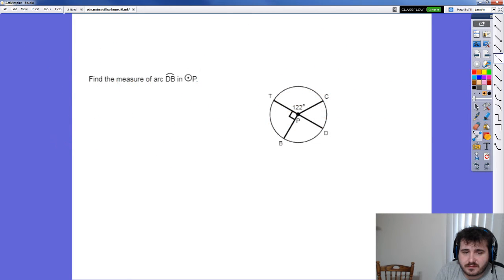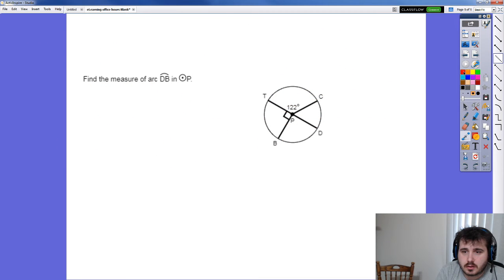We don't have any vertical angles here. These don't go straight through each other, right? So this line over here doesn't cross straight through, so we can't do that.